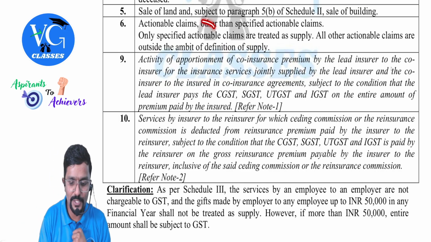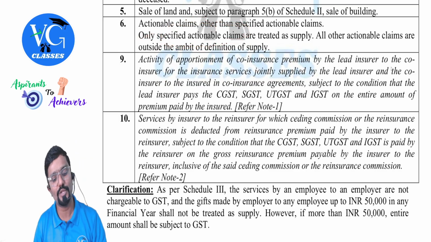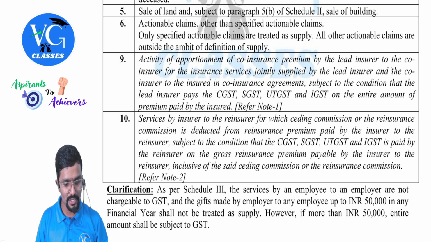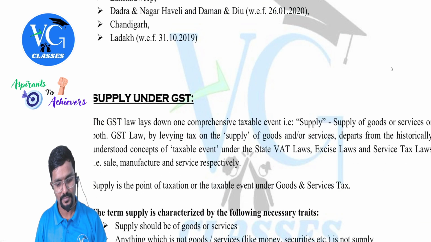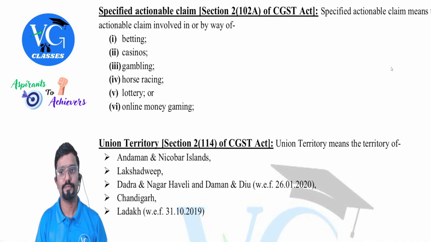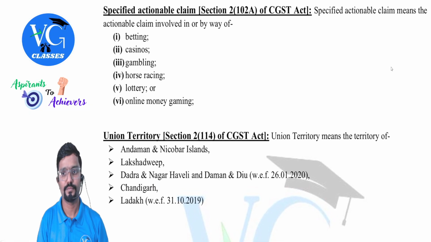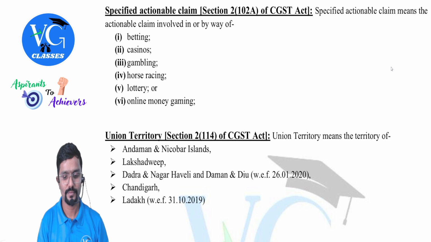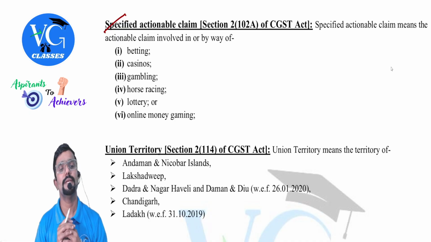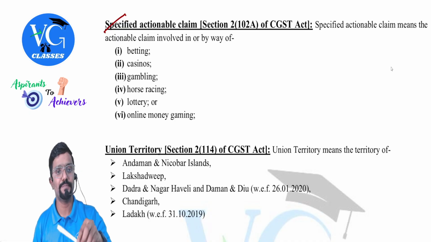Sir, now what is specified actionable claim? Come to the definitions. What is specified actionable claim? They have defined it at the beginning of this chapter. Yeah, let me read it.